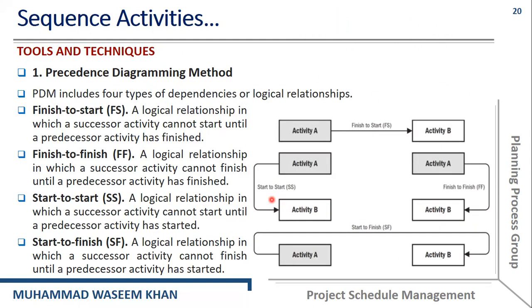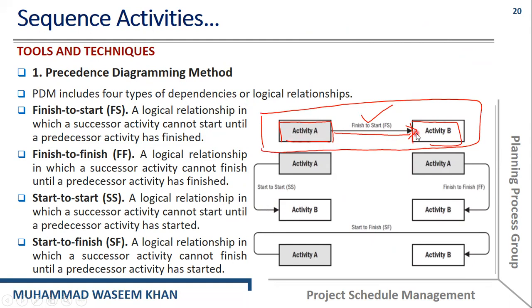So here we need to discuss the four different dependencies or logical relationships. The first one is the finish to start relationship. It is a logical relationship in which a successor activity cannot start until a predecessor activity has finished. That is, activity B is a successor activity and activity A is a predecessor activity.